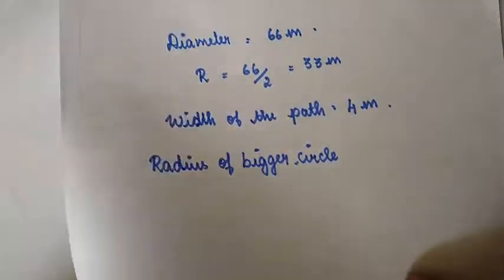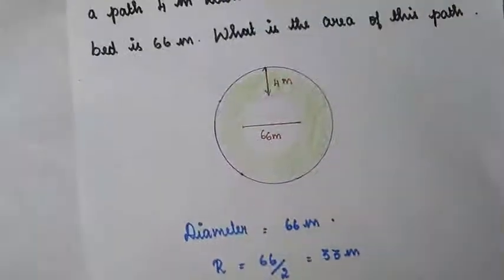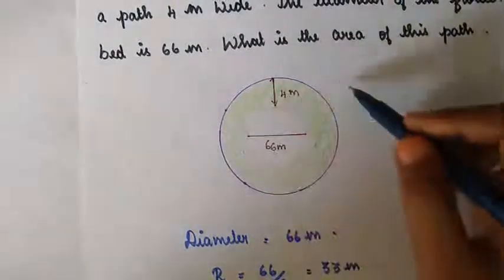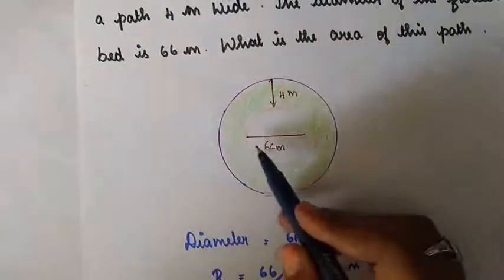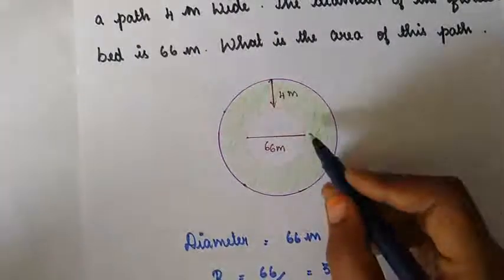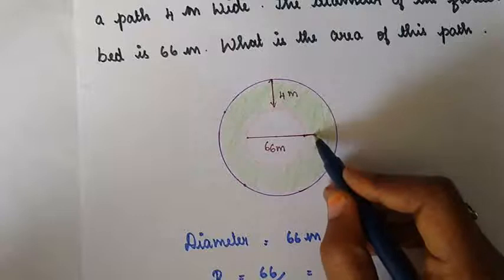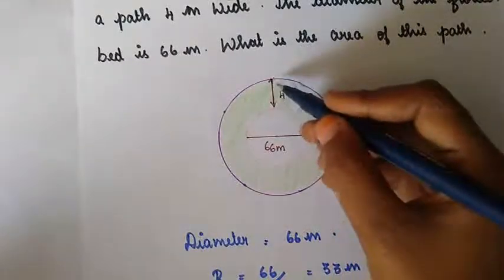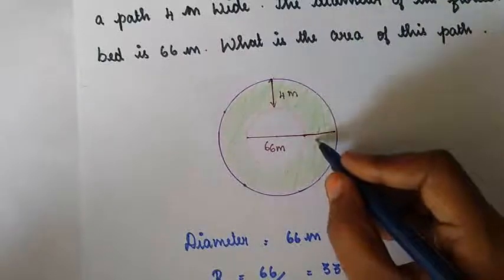Let us consider the bigger circle. Here the diameter is 66 meter, plus we have to add the width of the pot, which is 4 meter.